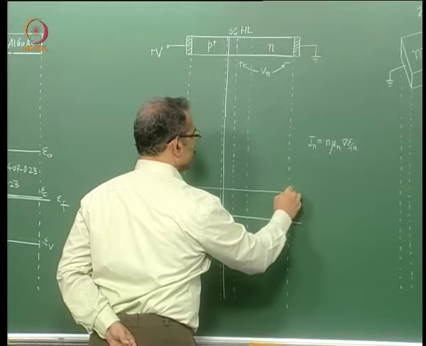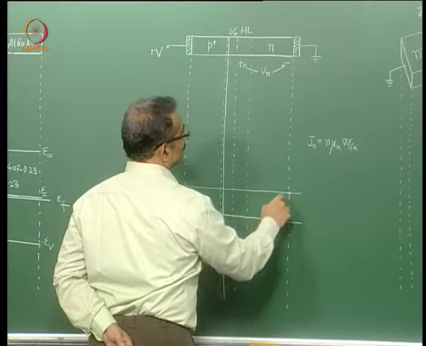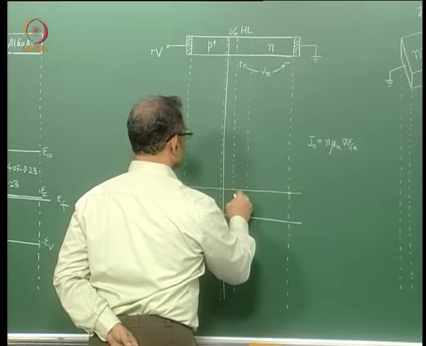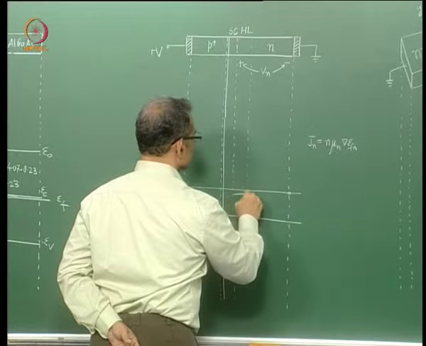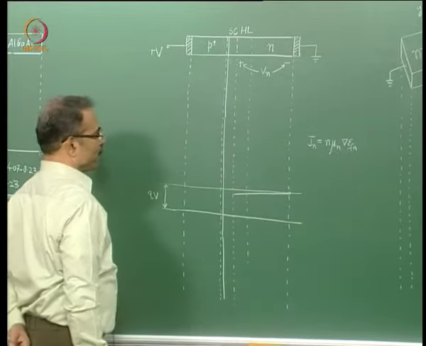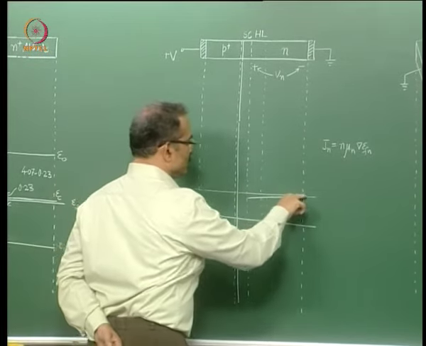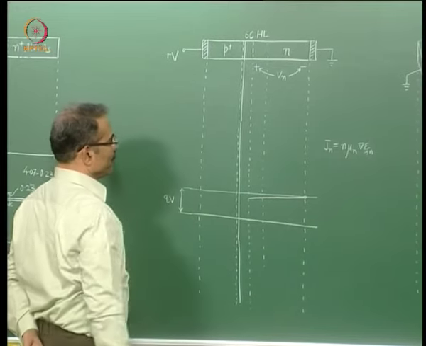So we start from, let us say, this location of EFN at the contact, then I must have a small positive slope in the neutral region. The exact shape of the quasi Fermi level we will not bother about right now, we know that it is decreasing.